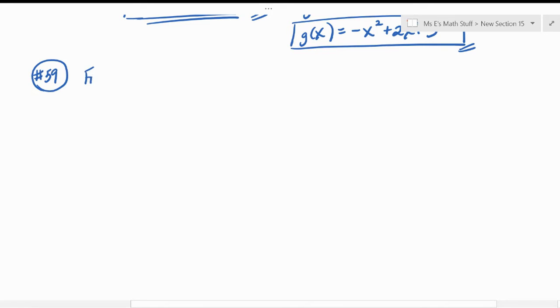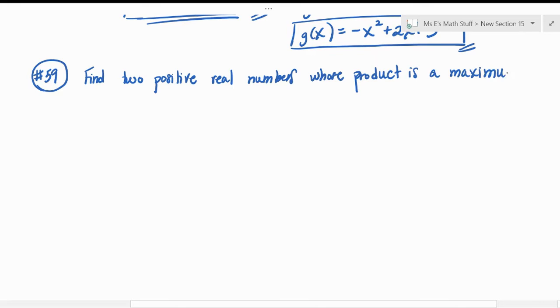The directions say find two positive real numbers whose product is a maximum, that fits the following conditions. For 59, the sum of the first number and twice the second is 24.